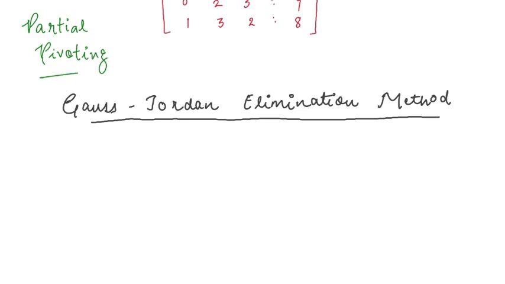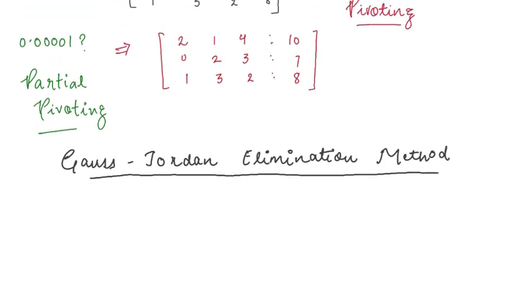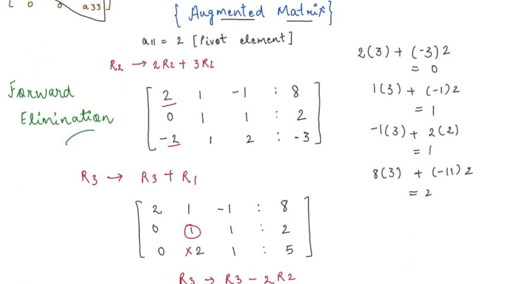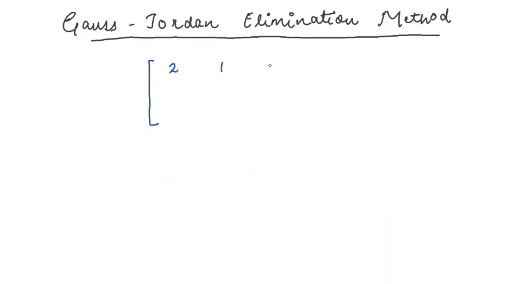This Gauss-Jordan method is widely used in solving linear systems, finding the inverse of matrices, and in many computer algorithms. So let's recall that final matrix obtained from the Gauss elimination method. From here, we had to perform back substitution to determine the values of x, y, and z.